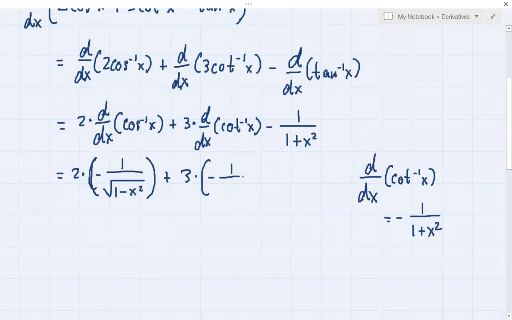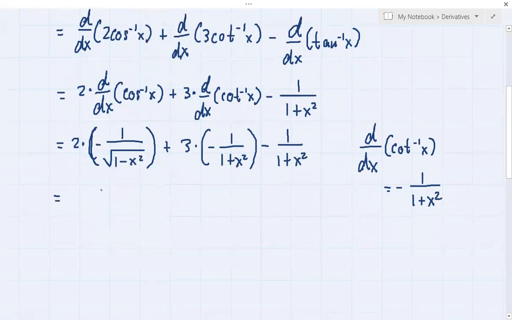So you will have the quantity negative 1 plus x squared. And now let's copy the remaining terms. Now let's simplify. If you simplify the first term, multiply 2 and negative 1 all over the square root of 1 minus x squared, it becomes negative 2 all over the square root of 1 minus x squared.